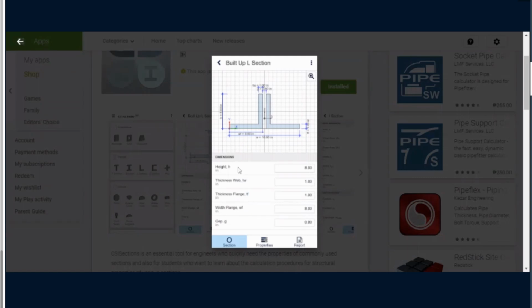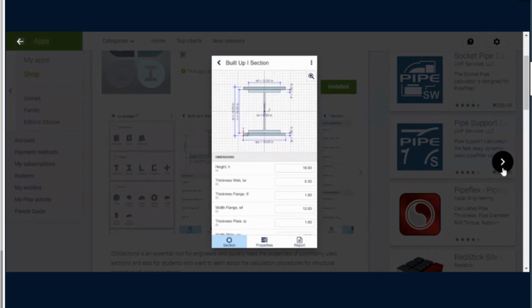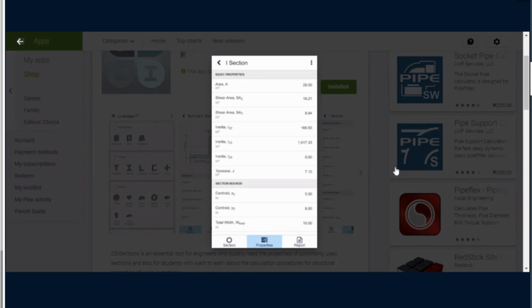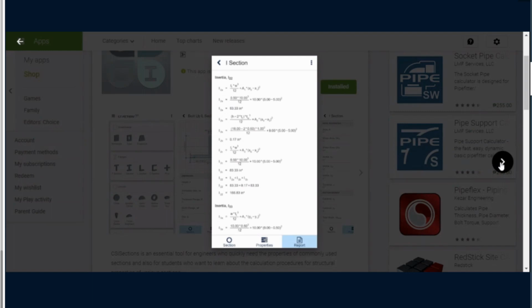Apart from the selection, the same properties would be produced, like the dimensions, and the other properties like the moments of inertia, the torsional constant, the centroids, and it may also give you the calculations.